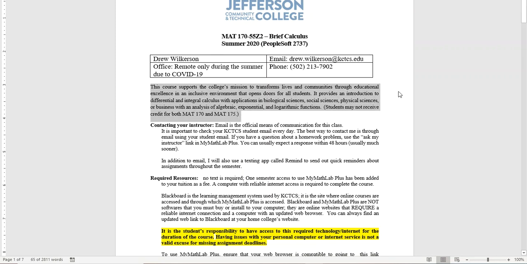This section of the syllabus gives the course description, as well as the course's connection to the college's mission. Email is the official means of communication for this course. It is important to check your KCTCS student email every day. The best way to contact me is through your student email, or if you have a question about a homework problem, you can use the Ask My Instructor link in My Math Lab Plus.